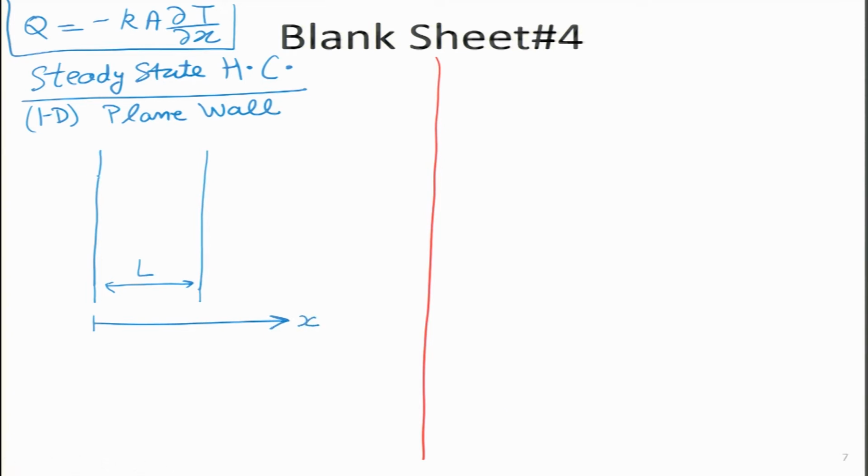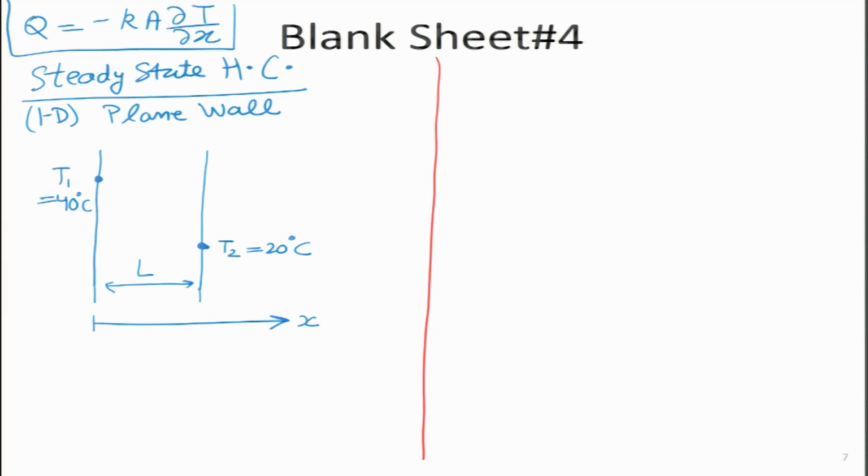Now, if I know that the left surface of the wall is maintained at some temperature T1, the right surface of the wall is maintained at a lower temperature T2. So, I am going to show this point lower over here, and let me put some illustrative numbers over here. These are just for example's sake, they do not have any physical meaning right now.